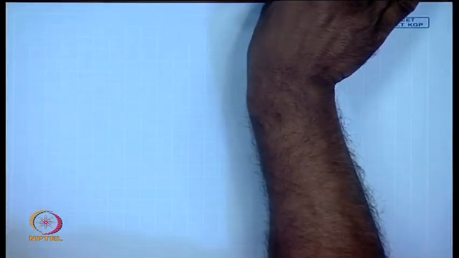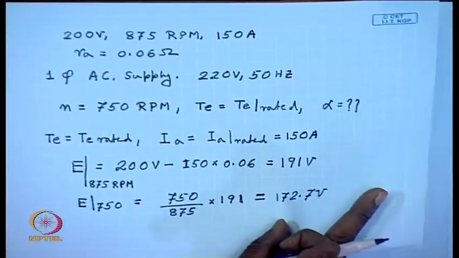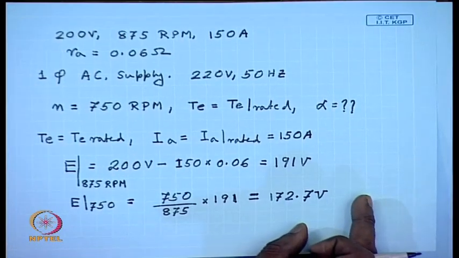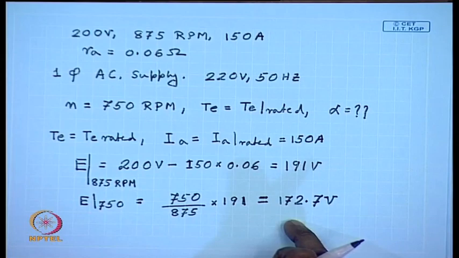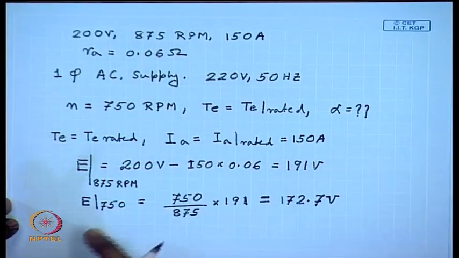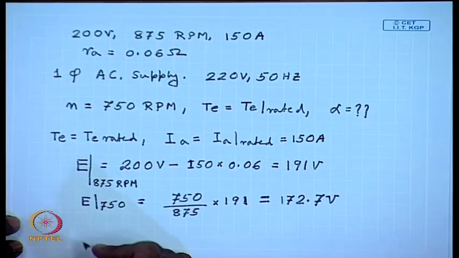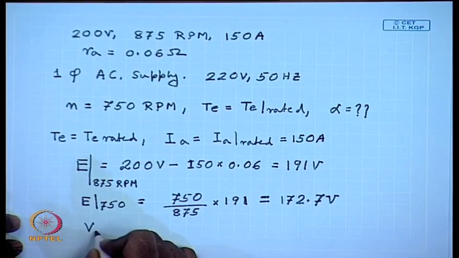So, if we now want to operate the machine at rated torque at 750 RPM, what should be the terminal voltage, average armature voltage?